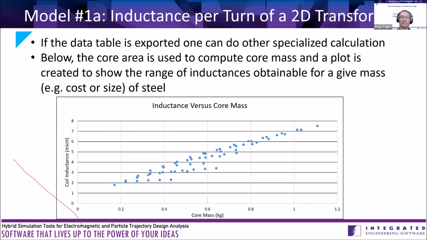So again, you can say, okay, my target was to have 5 within this design. Here is the range of masses that I get with different decisions, and you can look for one that appeals then. So by exporting the data summaries you get out, you can find out other things that may be of interest to you as well.